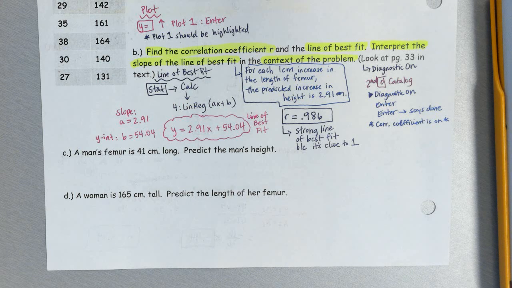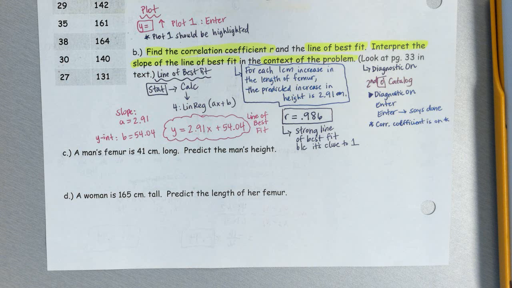All right, so I want you to read C and D and see if you can set those up, or at least think about it. It's okay if you're not 100% sure. For C, they're telling you the length of the femur, and you have to predict the man's height.